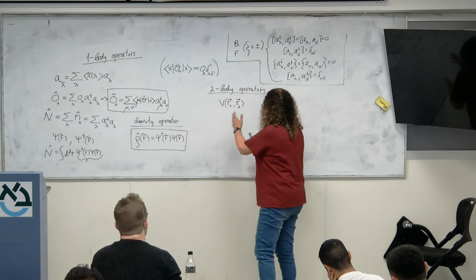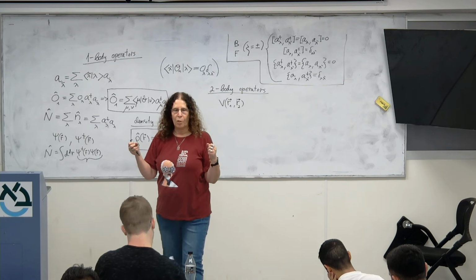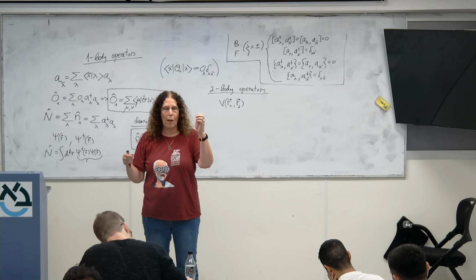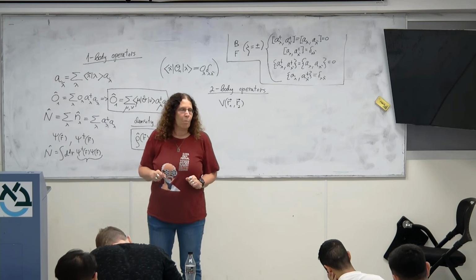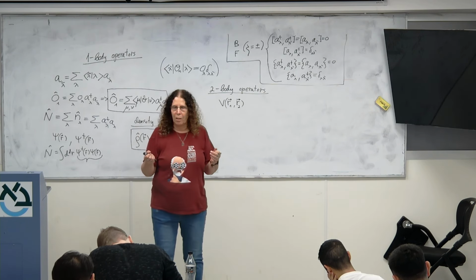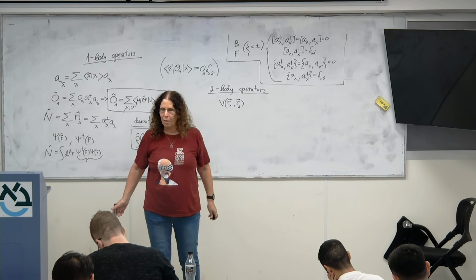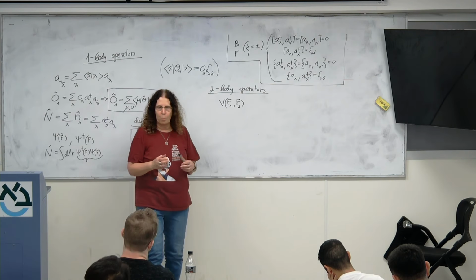Now, this just describes the potential energy for placing two particles, one at R1 and one at R2. But now I don't have just two particles, I have many particles, like in electrostatics. When you solve the electrostatics problem, you had many charged particles.